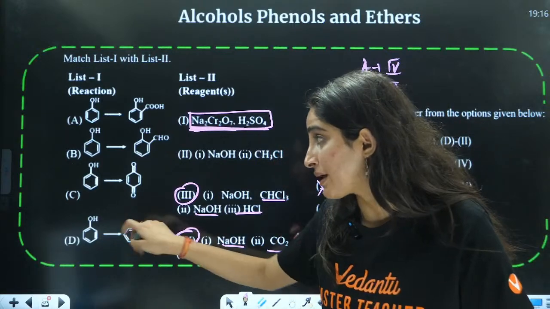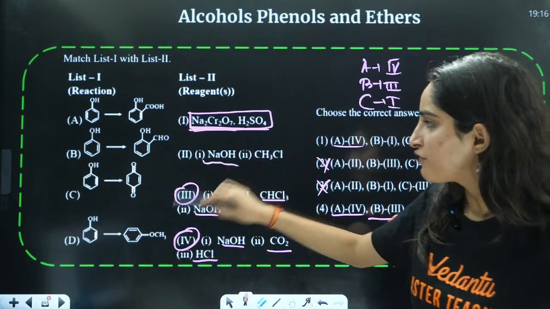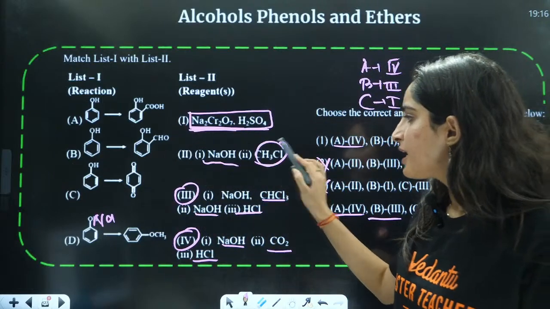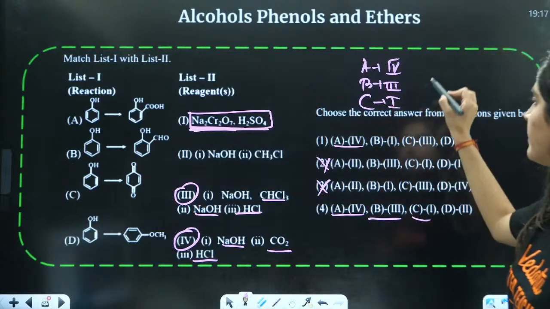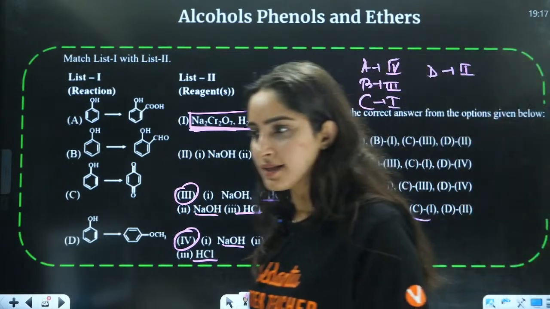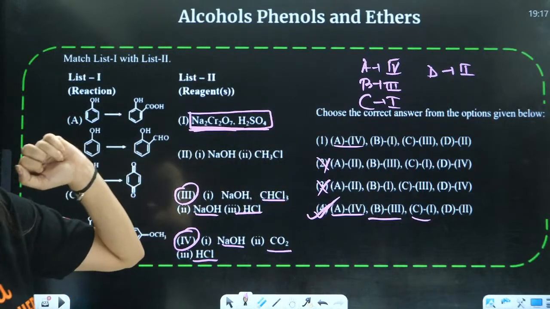You just need to replace this H positive with CH3. If you add NaOH, it will be replaced by ONa. Then when you add CH3Cl, this will be replaced by CH3. So D will be second. So fourth is the correct answer. Yes, very good.